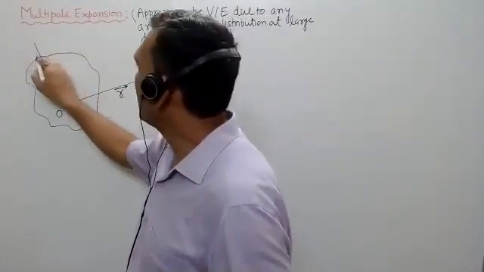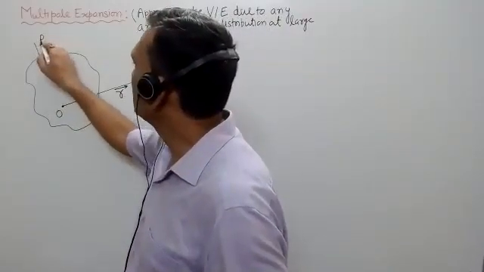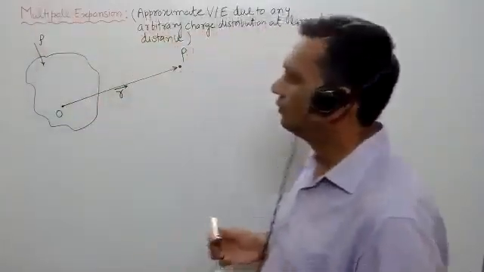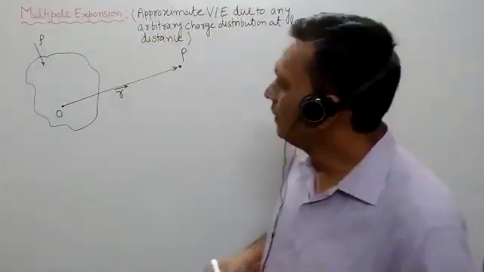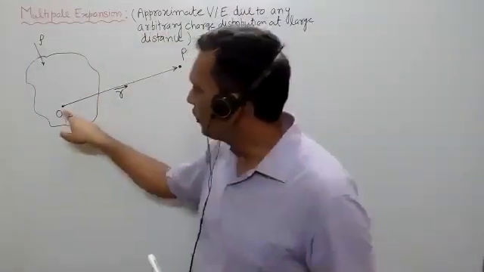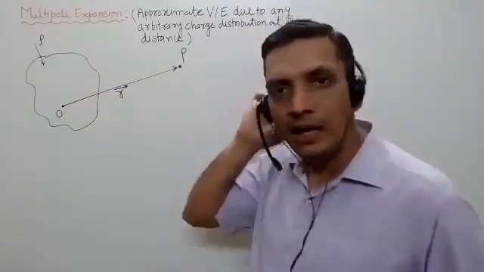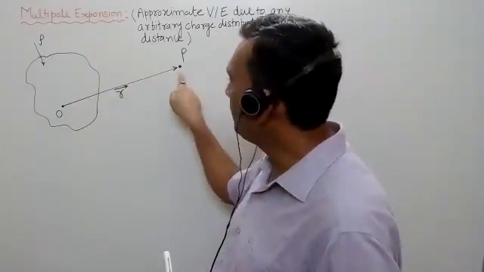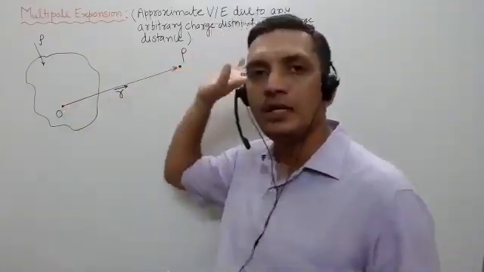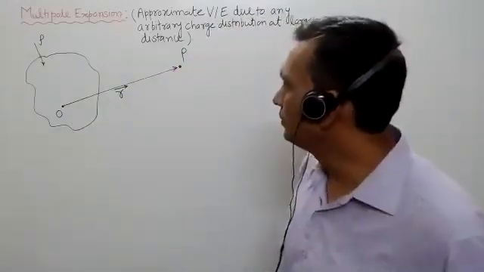You know its charge density rho, the source charge, and point P is far away from the charge distribution.